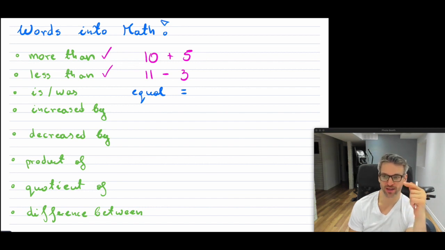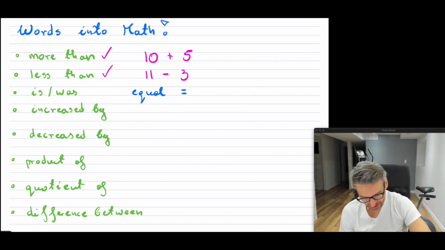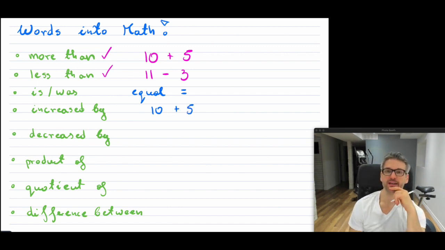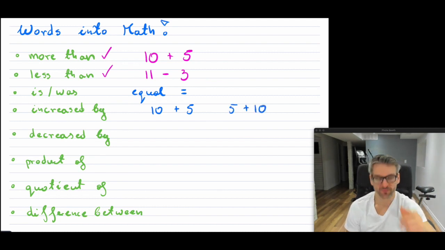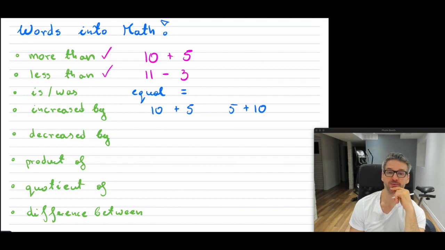More than kind of parallels increased by, and less than kind of parallels decreased by, but they're used differently. If you say 10 is increased by 5, you can write it in this way. Now, if you said 5 is increased by 10, that would be 5 increased by 10, like so.